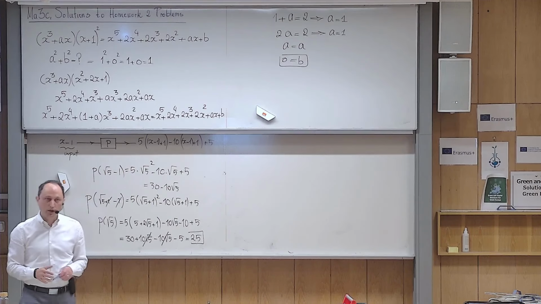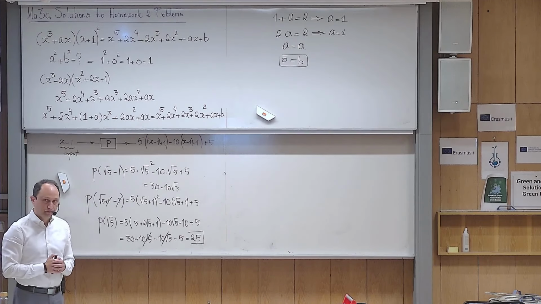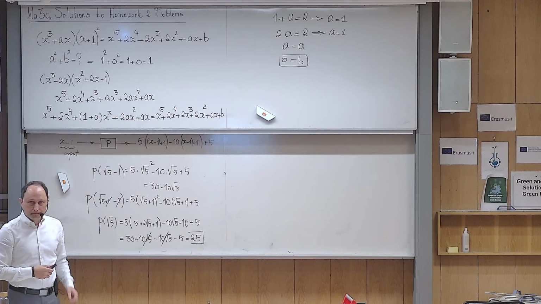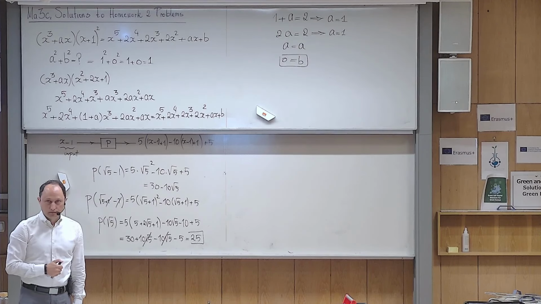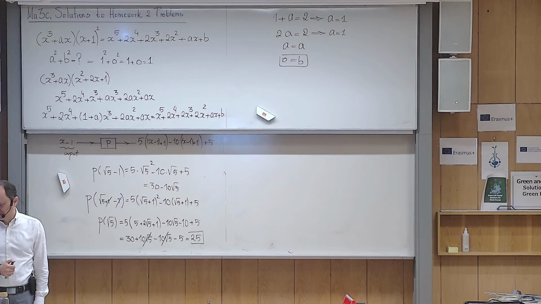This is one way of looking at the problem. Yes? Before you did that, when you found, when you essentially replace x with x minus 1, can you expand that bracket before doing that? Yeah, of course. I will tell you.